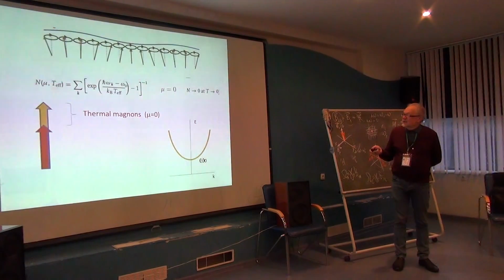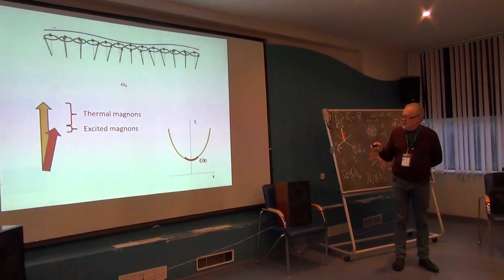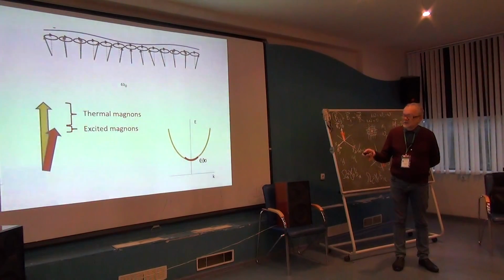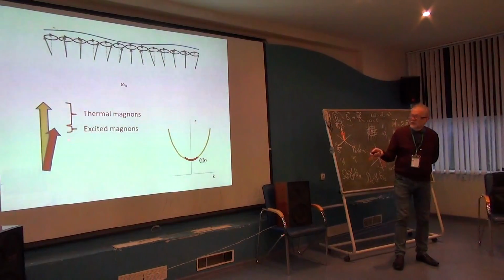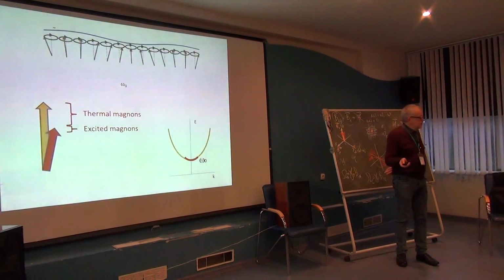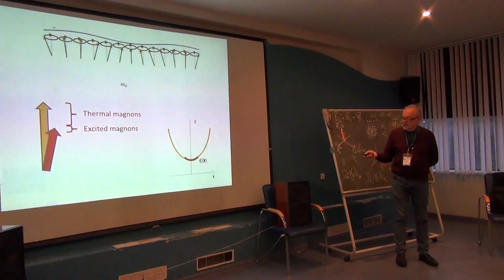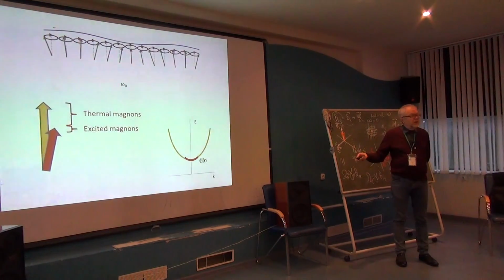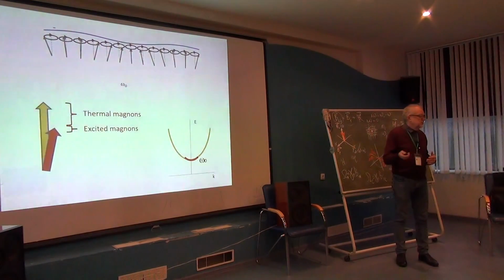So, if we slightly deflect magnetization, in addition to thermal, we also have excited magnons. But if we are working at small angles, then we have just a number of magnons near K equal to 0, and we can use it as a magnon gas.